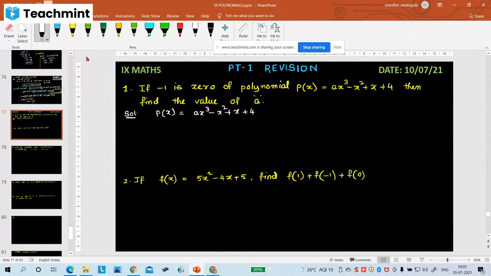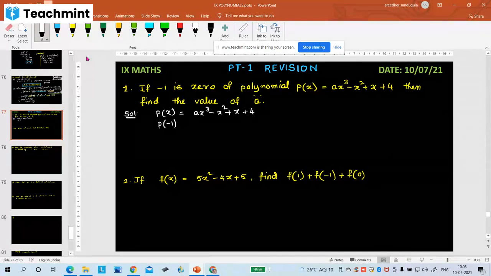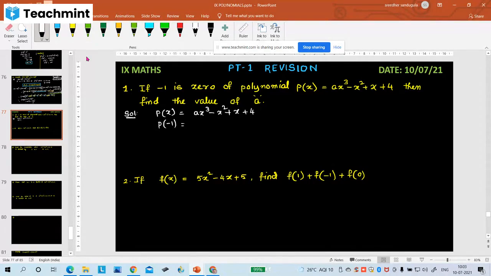Since it is given minus 1 is the zero of the polynomial, in the place of x let us substitute minus 1. P of minus 1 equal to a into minus 1 whole cube minus, in the place of x, minus 1 whole square, again plus minus 1 plus 4 equal to 0.